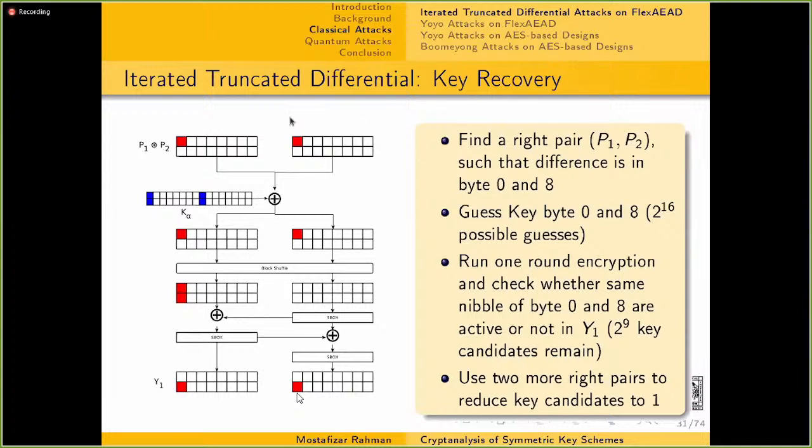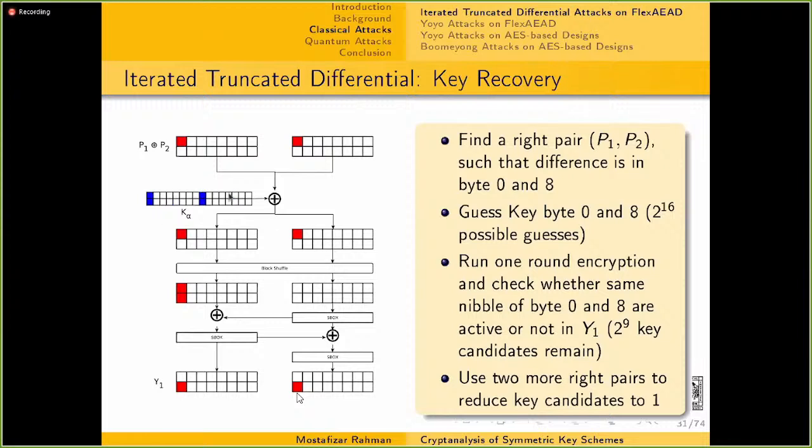We have considered this as our initial difference, and then we guess these two bytes for the K alpha, the first key of this round, and we see for each guess value whether our differential transits to such differentials or not. If it transits to such differentials, then this guess is right.